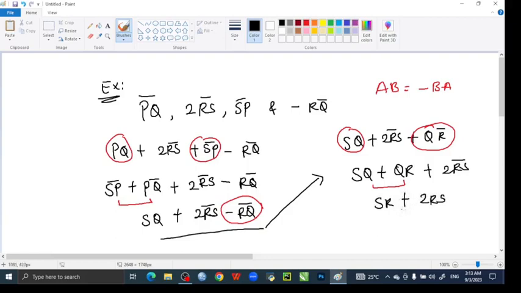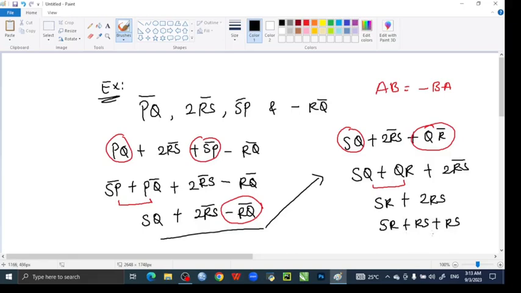In that case, I'll just split this one so I can have something really easy to work with. I'll have SR plus RS plus RS.